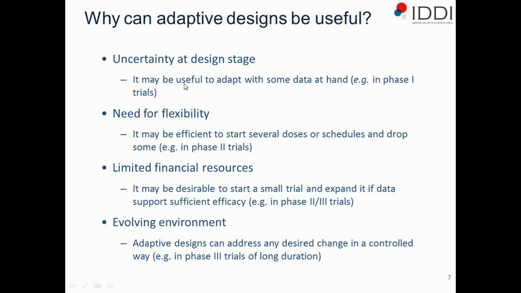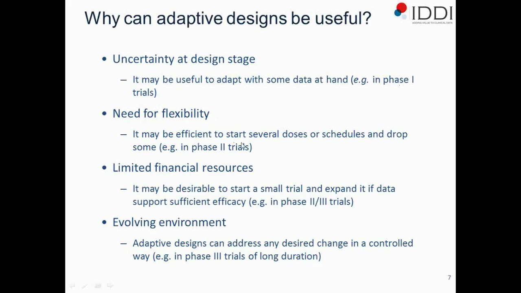It's fair to say that when you start a clinical development, particularly in phase 1 and even phase 2, there is so much uncertainty about the effects of the drug that it may be useful to adapt with some data at hand. And so we think that adaptive designs have a particularly interesting place in phase 1 designs, and that's why we chose this example of a phase 1 trial that uses an adaptive design rather than a fixed design.